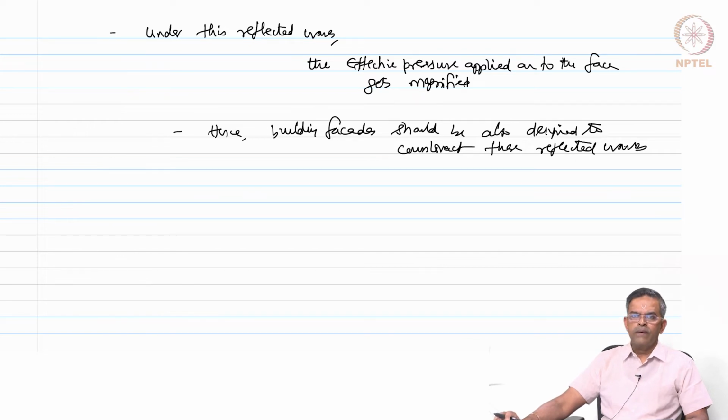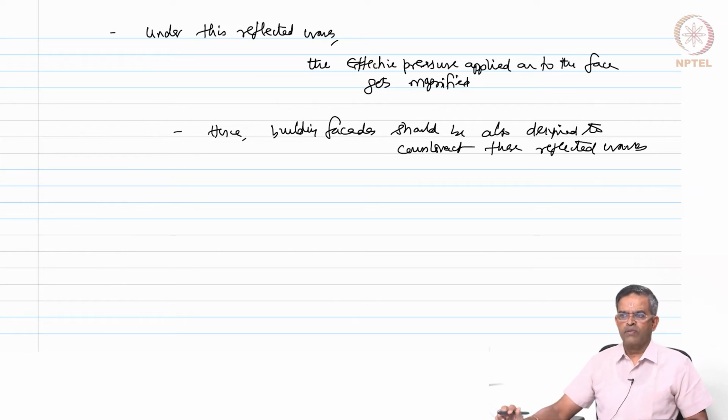Let us quickly see qualitatively how we estimate the response of a building to a blast load.